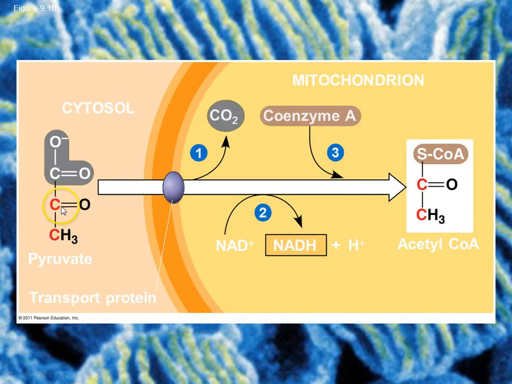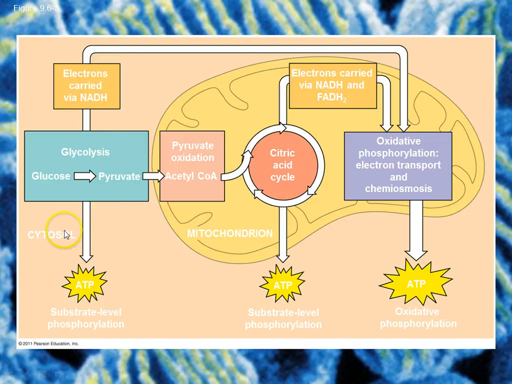Before we move into the citric acid cycle, realize that glycolysis happens outside in the cytosol of the cell, the liquid medium of the cell. And we create the pyruvate out here. Once that pyruvate is created, it needs to go inside the mitochondria, the powerhouse of the cell, as you probably learned.